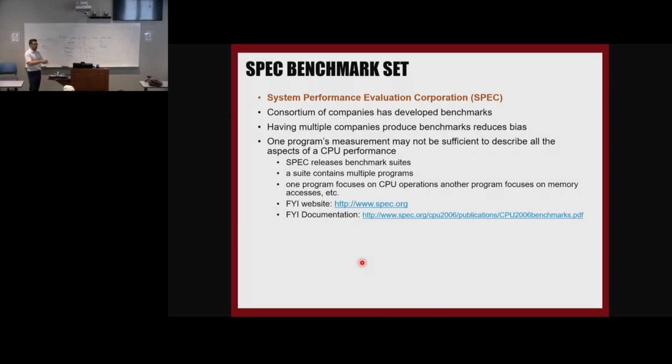So all these companies came together, designed some benchmarks, and they all agreed to test their computer systems on these benchmarks. This is called SPEC. You can click on this website. I don't want to go into details of the website, but you can see some of the specs, some of the benchmarks that they have. I think I provided a slide that actually shows some of these benchmarks.